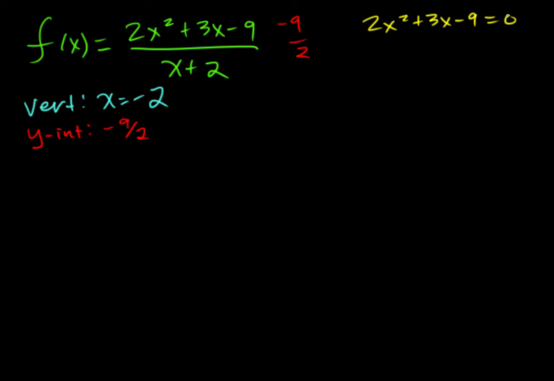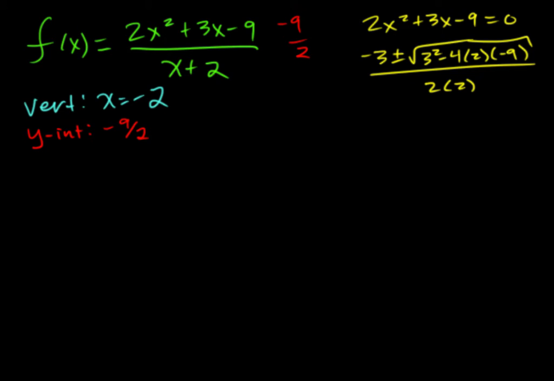Now for the x-intercept, we're going to have to set the top equal to 0 and solve. So we can just use the quadratic formula for that. So -3 plus or minus square root 3 squared minus 4ac all over 2a. That's 4. -18, -18 times 4, 72.